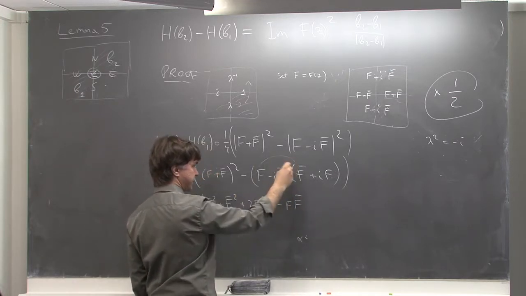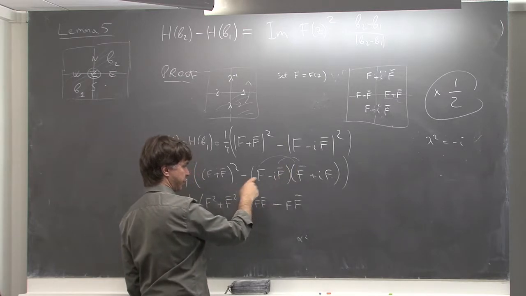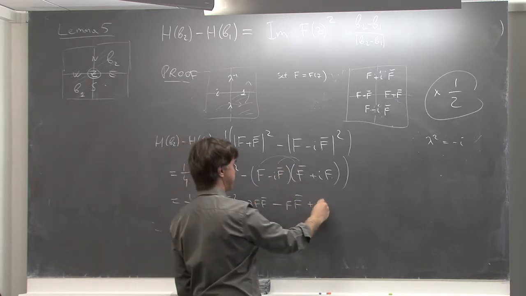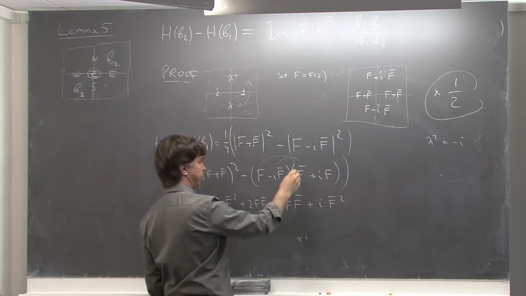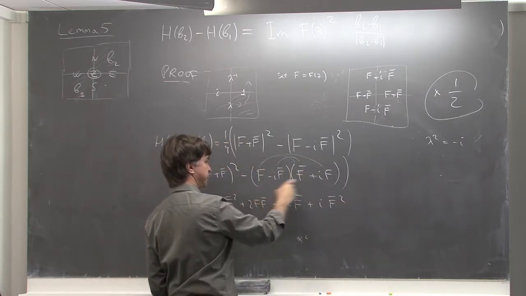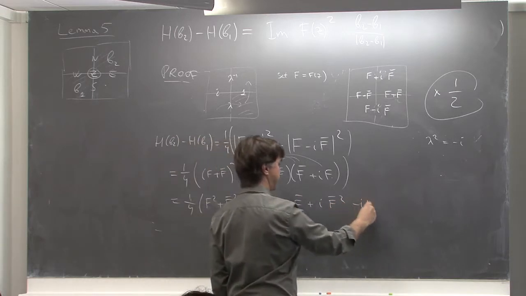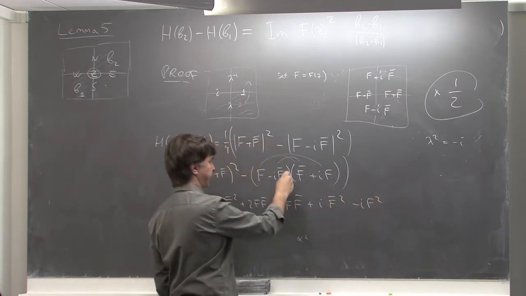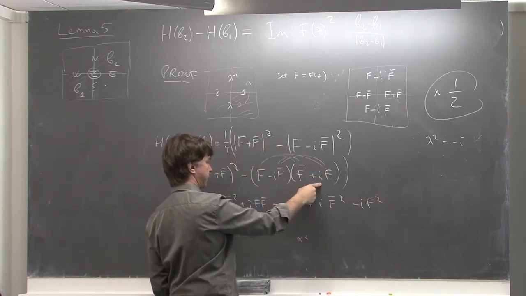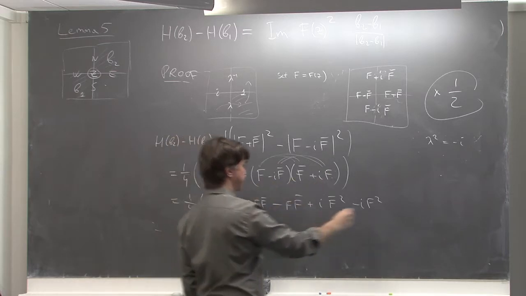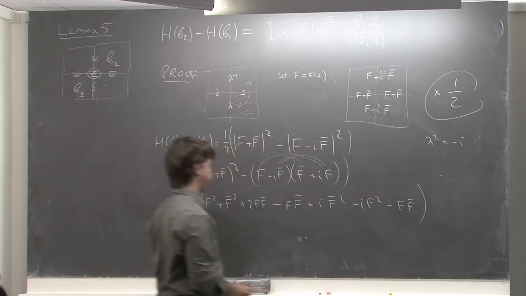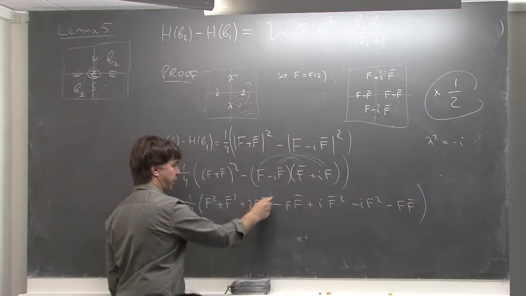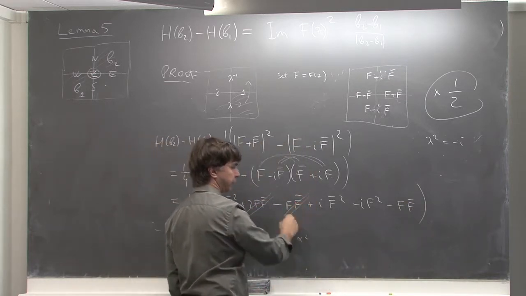So this is this. This term is minus I, so it's plus I f bar squared. This term is i f minus i f squared. And this term is I minus minus, so it's minus f f bar. So f f bar cancels out.